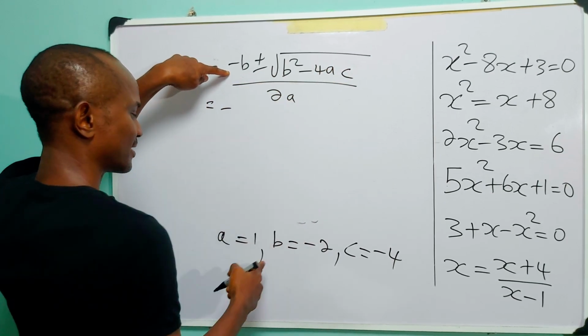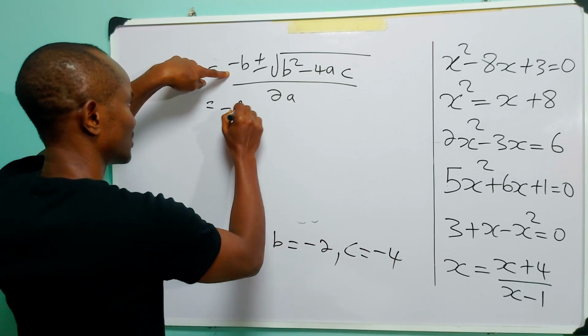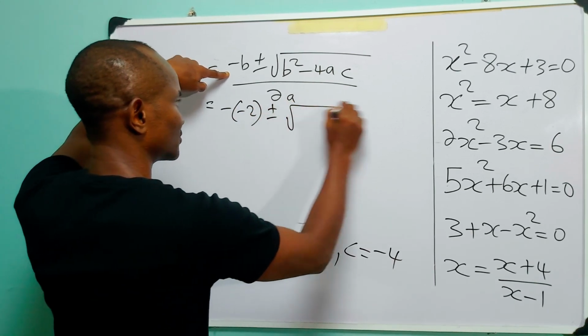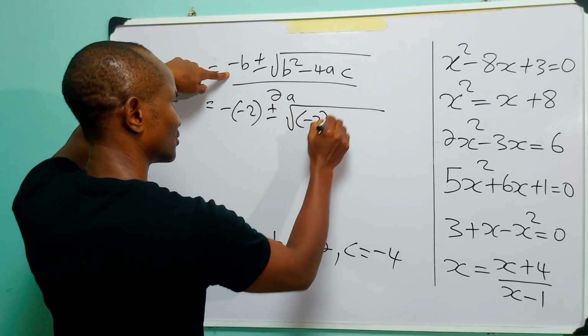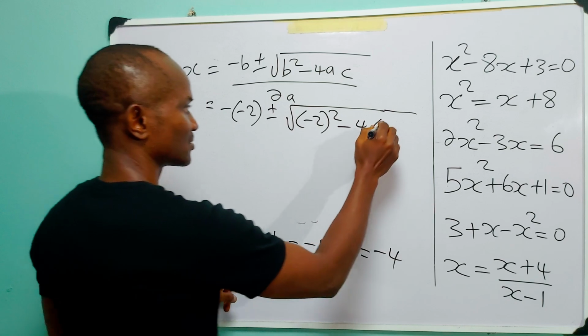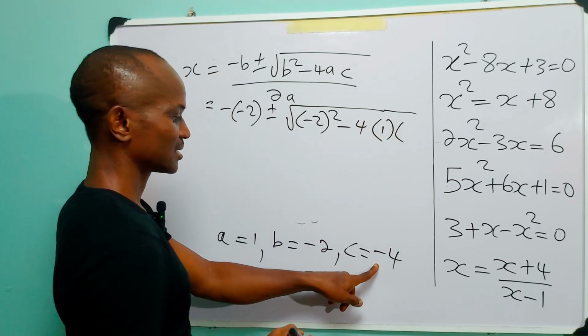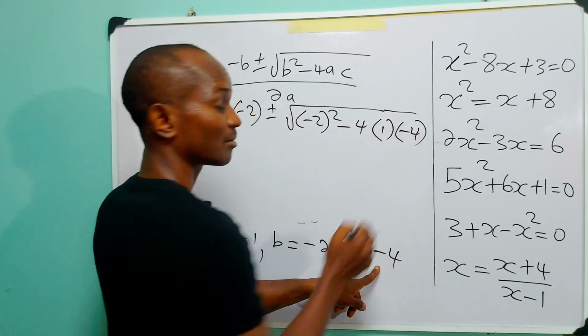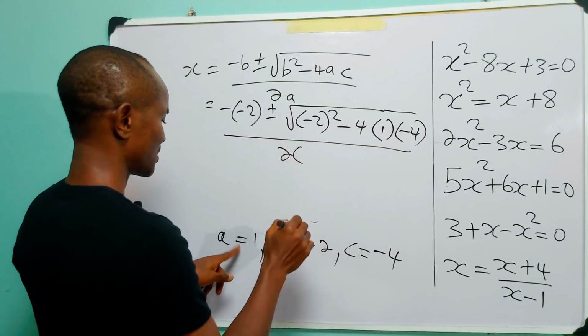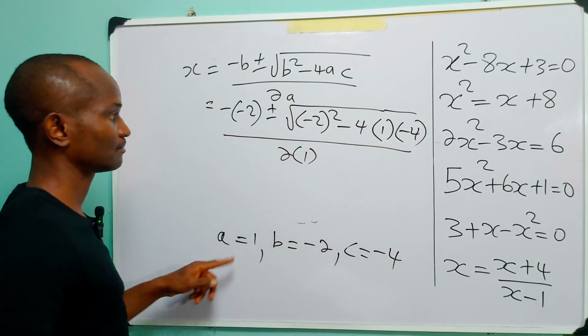So we have minus minus 2 plus or minus the square root of minus 2 squared minus 4 into a is 1 and c is minus 4, divided by 2 multiplied by 1.